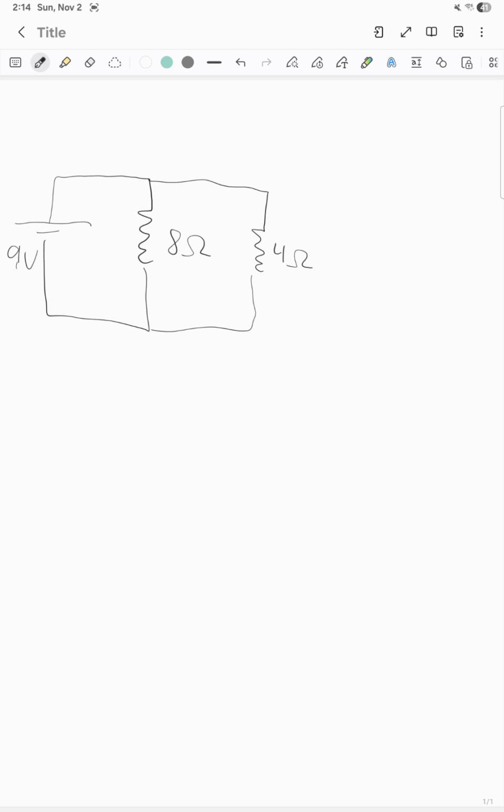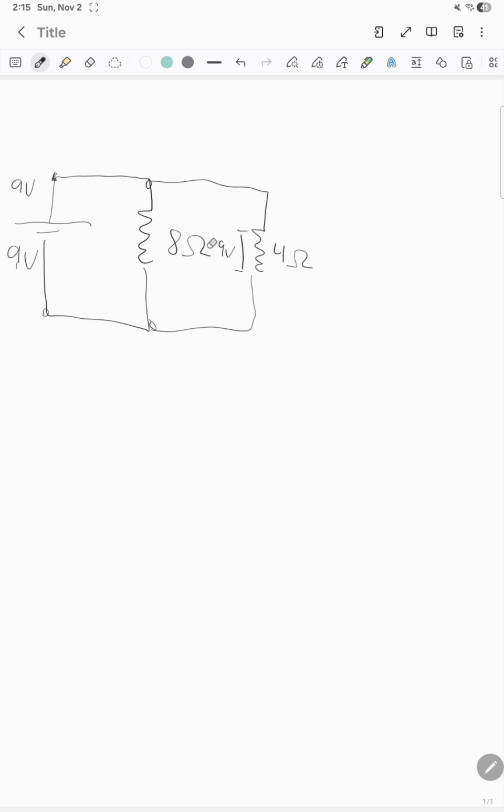So the voltage, the difference in potential, is 9 volts. And because this is a parallel circuit, this is also 9 volts. So this part here is 9 volts. But also this part here, the voltage is 9 volts across the circuit.